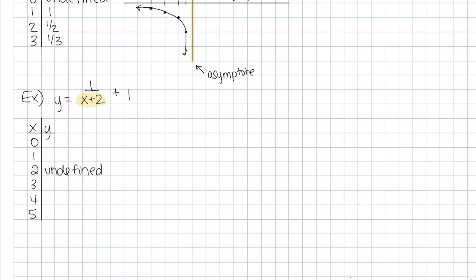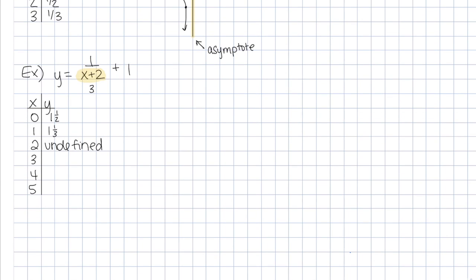So if we plug in 0 plus 2 is 2, 1 over 2 is 1/2, plus 1 is 1 1/2. If I plug in 1, then I get 1 plus 2 is 3, so 1/3 plus 1 is 1 1/3. Oh, sorry, it should have been -2, because if we have x plus 2, it cannot be 0, and we subtract 2, not add 2.